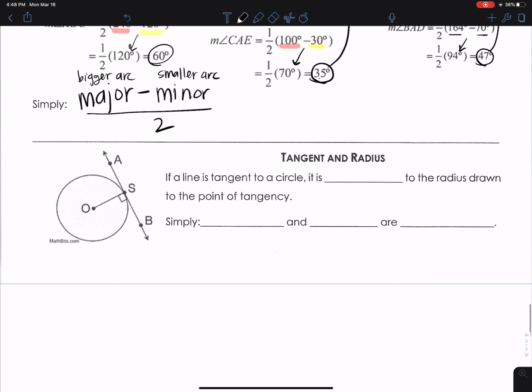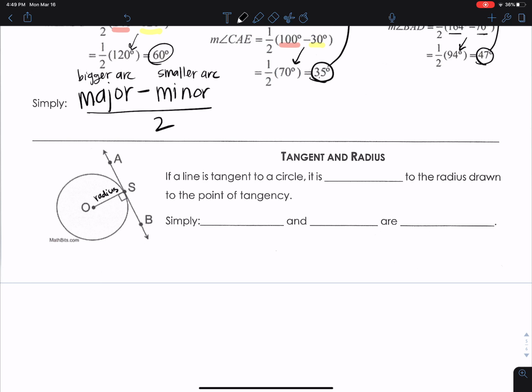The last one is a special case when you have a tangent and a radius. So remember, OS here would be the radius, and it's going from O to S, and that's why it's a radius, because O is the center, S is on the circle. And then we have AB, this is our tangent, and S is the point of tangency.